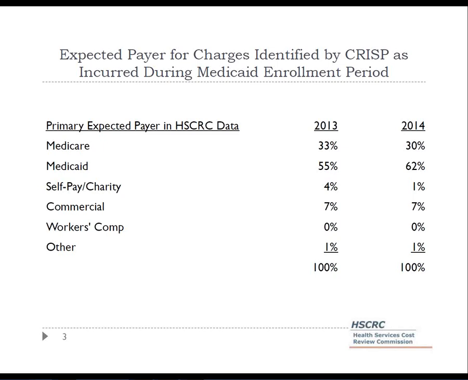And that number has gone down quite a bit in 2014, which again makes sense as hospitals started switching to reporting Medicaid pending as Medicaid, and with the expansion, I think more people were actually ending up qualifying for Medicaid. And then we see the commercial at about 7%. Our thought is that this is some people who had at least some access to commercial insurance, and the commercial may have been the primary payer, again with Medicaid being the secondary payer, and the percentage is flat over the 2 years.